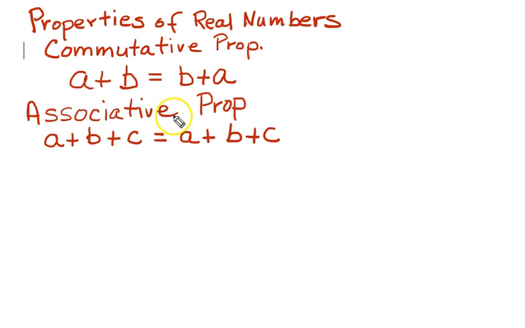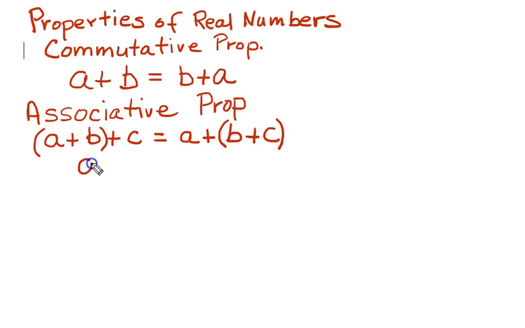But in the associative property, we say we can join these first two, putting them in parentheses like so, and then add the third, or we could associate these two first, adding them, and then add the first, and the results are the same. This is the associative property, and as you can see, it's of addition.